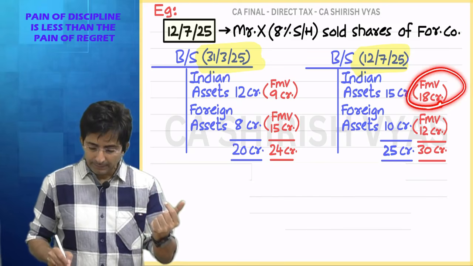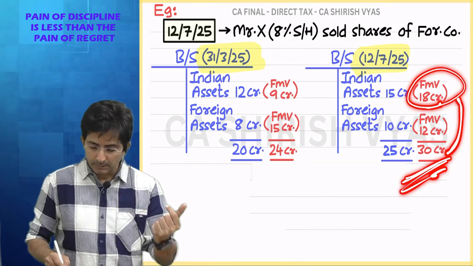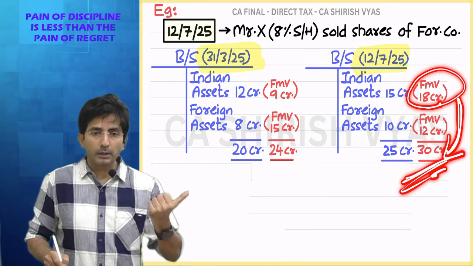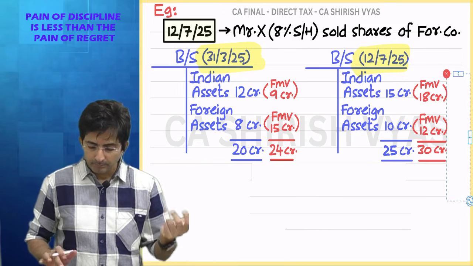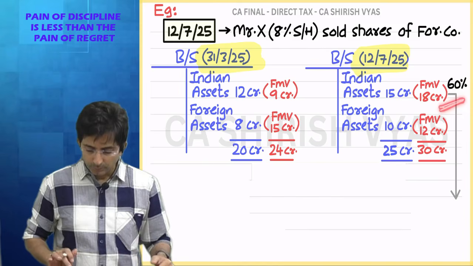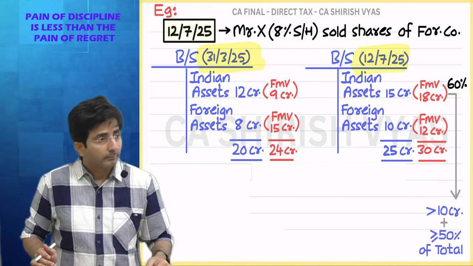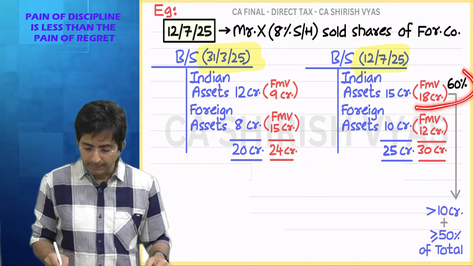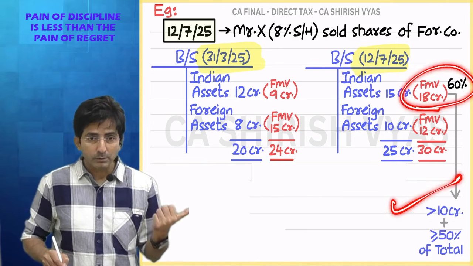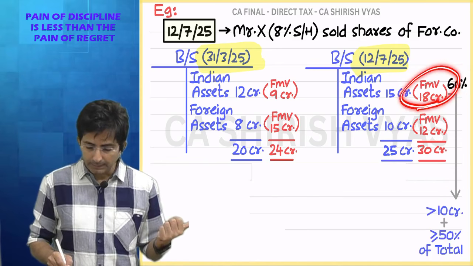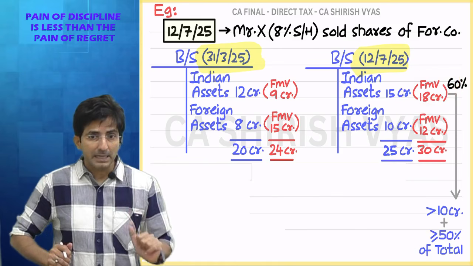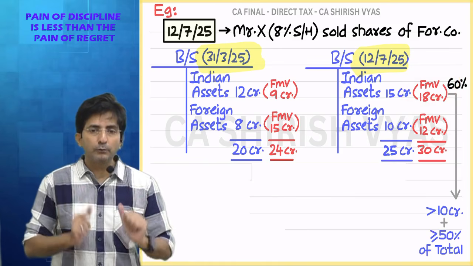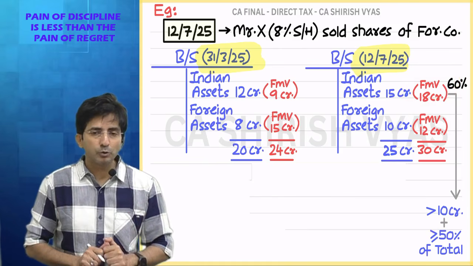And in terms of percentage, how much percentage of 30 crores is it? 60%. So see, conditions are satisfied. 18 is more than 10 crores and 18 is greater than 50% of total assets. Condition satisfied. So now there is a confusion. Which balance sheet should be seen?